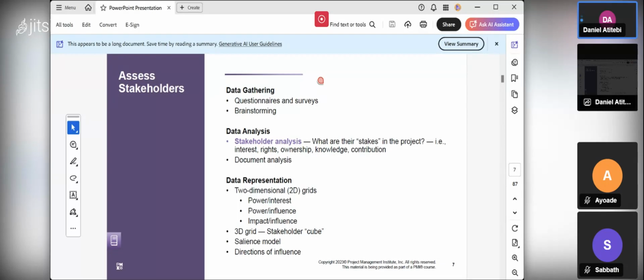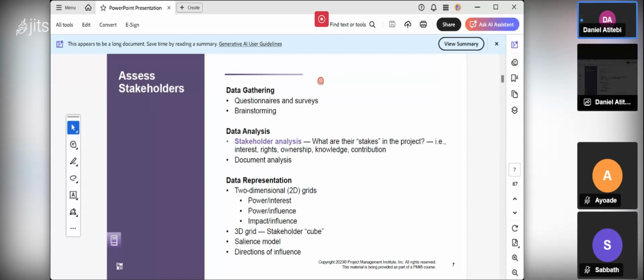Through data gathering, you can use questionnaires and surveys to assess the stakeholders that you have identified.